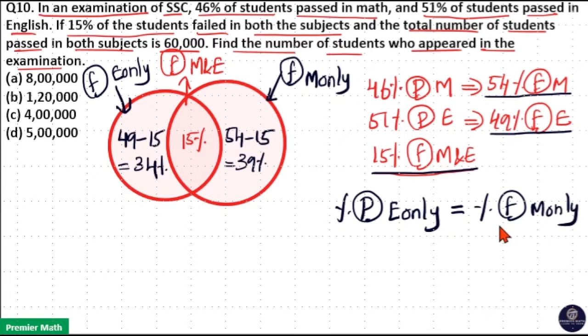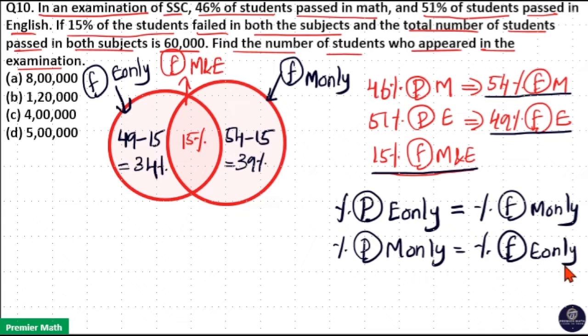That is, the percentage of students who passed English only is included in the percentage of students who failed maths only. In the same way, the percentage of students who passed maths only is equal to the percentage of students who failed English only.